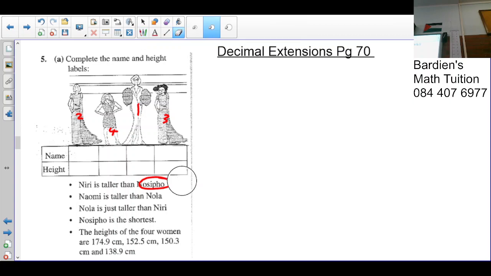Sorry, other way around. Naomi is taller than Nola. So she is taller between the two. Nola is just taller than Niri. So they're very close to each other.